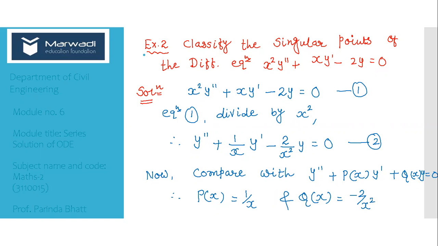Now, everyone, please type the point at which p of x and q of x are not analytic, at which point p of x and q of x become infinite. Write your answer into the chat box. Quickly type your answer, everyone.